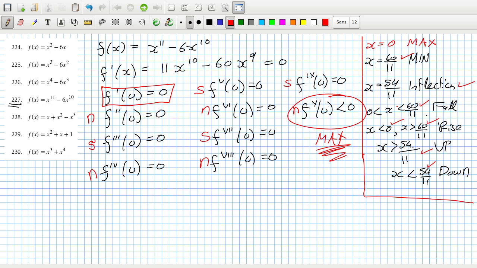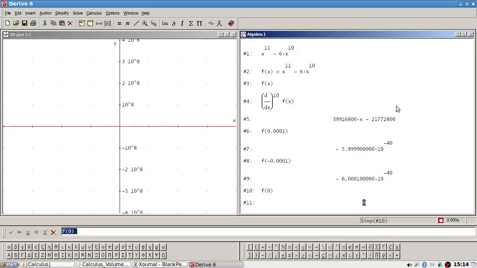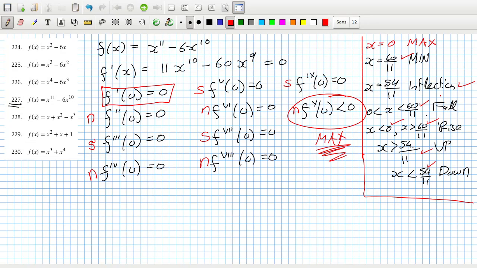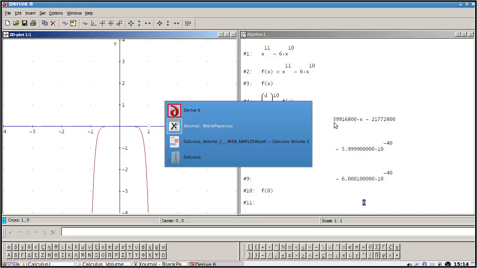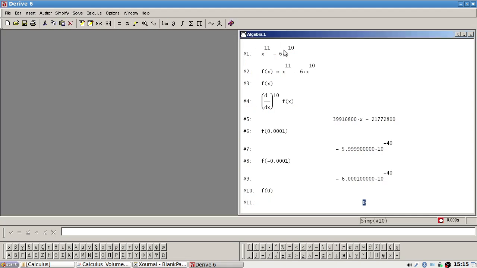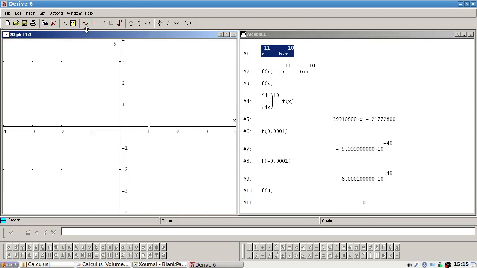But it's just a graph. I can't see any shape to it at all. It's supposed to have a minimum at 60 over 11, which is 6. Oh.